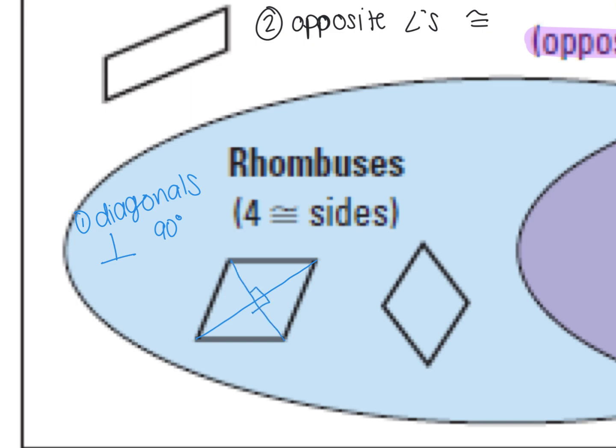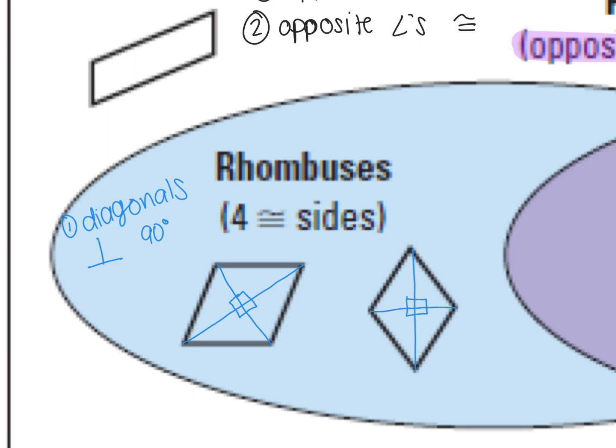It's going to be 90 degrees. Same thing with this one, just drawing the second example. These are 90 degrees. So that's the first thing we have to know for rhombus. Yes, 4 congruent sides, which is true. And diagonals are 90 degrees, as well as the second one.